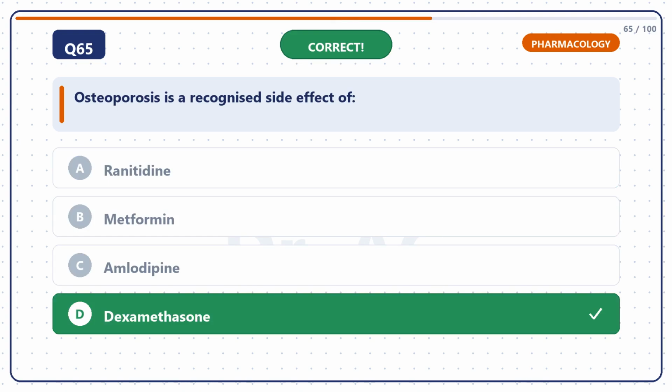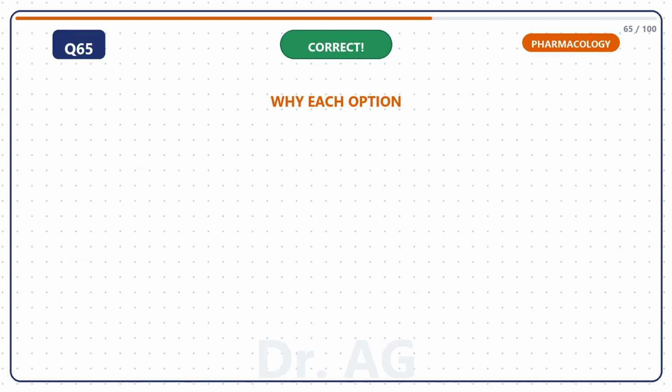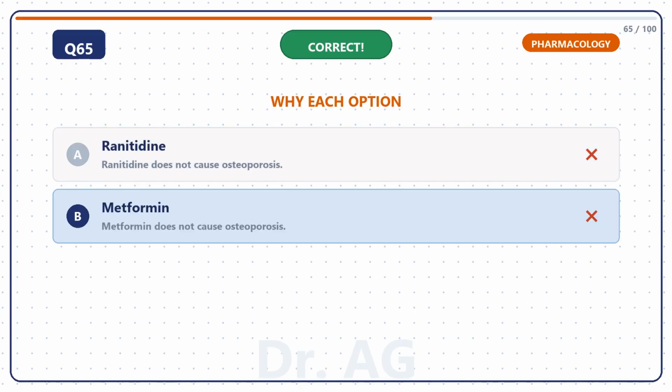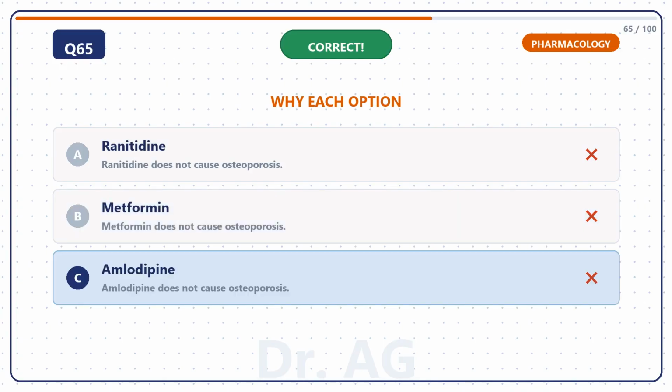The correct answer is option D. Dexamethasone. Let's go through the options. Ranitidine. Ranitidine does not cause osteoporosis. Metformin. Metformin does not cause osteoporosis. Amlodipine. Amlodipine does not cause osteoporosis.